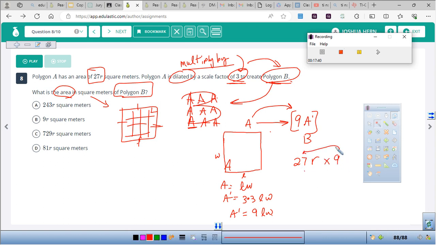We multiply number with number, so it's 9 times 27. What is 9 times 7? 63. Then 24, 3, 18, 19, 20, 21, 22. And then don't forget the R. So 243 R's.